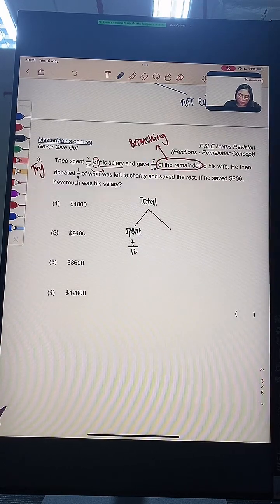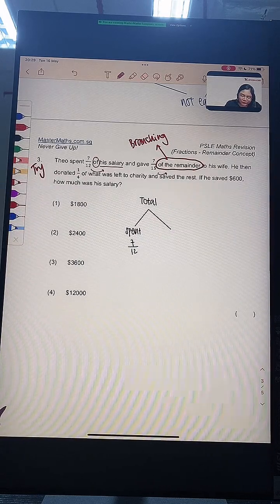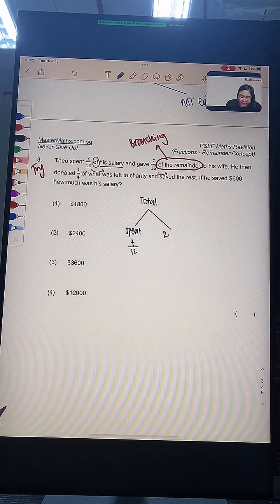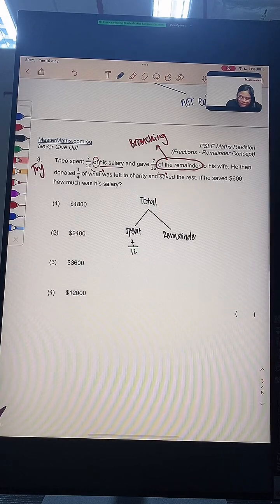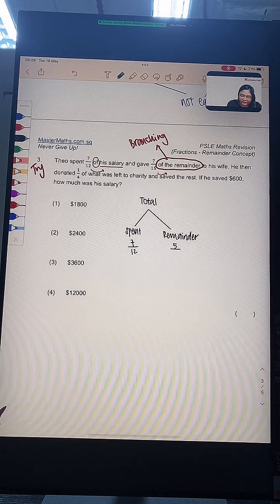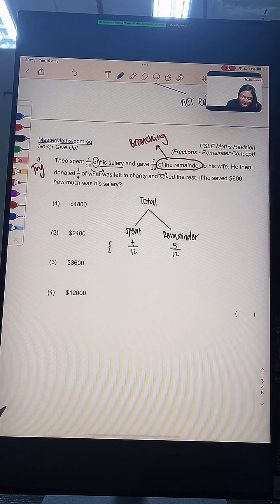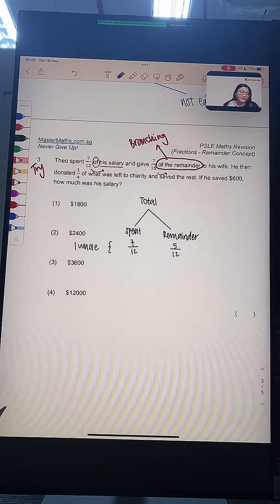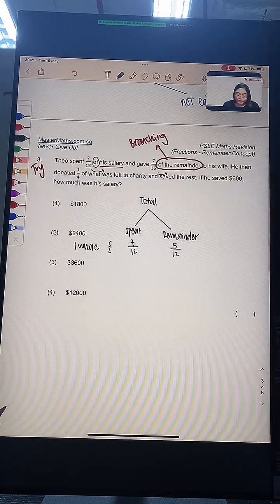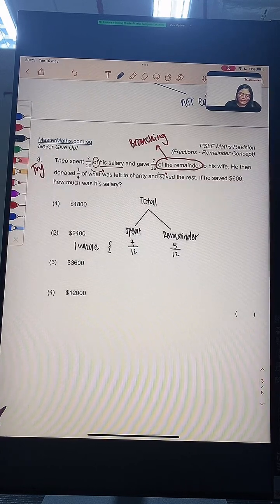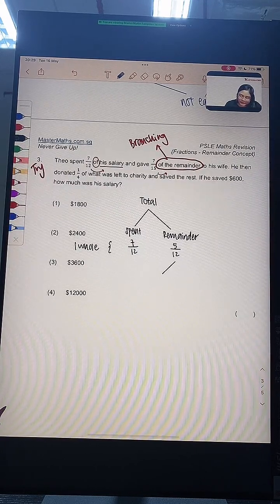It is no longer of his salary. Therefore, we need to look for this remainder first. So the next branch is going to be the remainder, and the remainder is going to be 5 out of 12. Notice every single layer is 1 whole. In the previous question as well, every single layer is 1 whole. Then from this remainder, he gave 7 out of 15 to his wife.